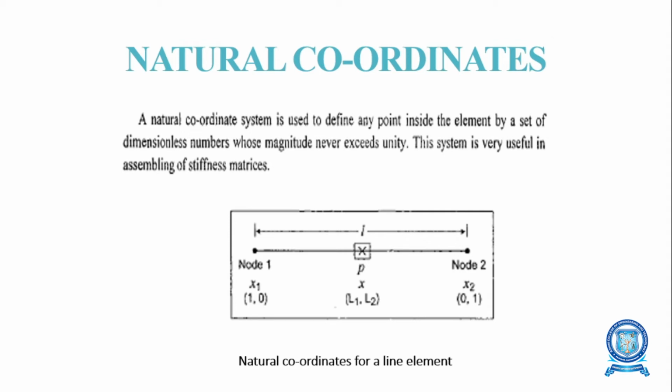Here, this line element has two nodes with Cartesian coordinates x1 and x2, and a point P with Cartesian coordinates as well as natural coordinates. The natural coordinates are L1 and L2, and the Cartesian coordinate is x.